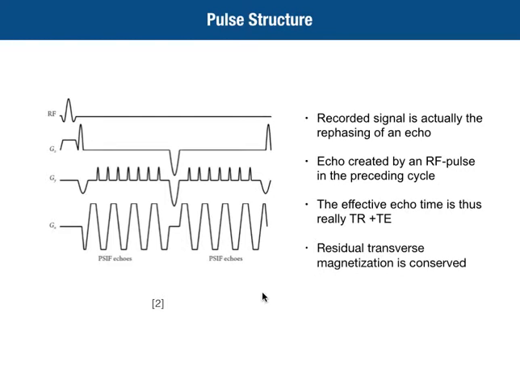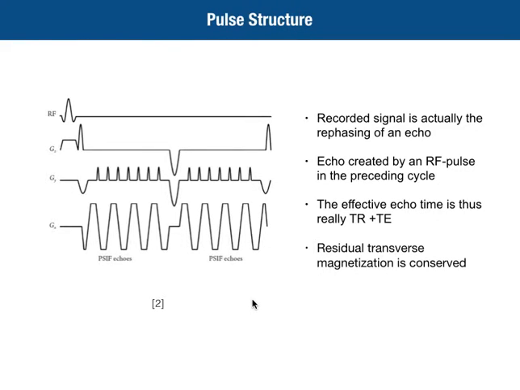In other words, in the previous period, RF pulses are the main reasons for this period's PSIF echoes.